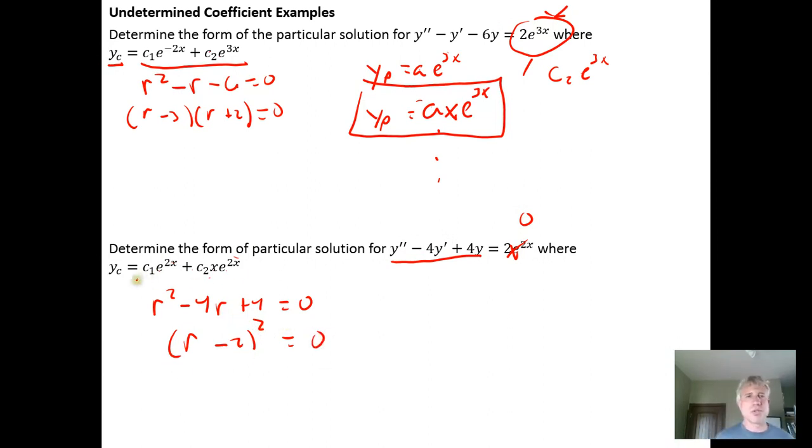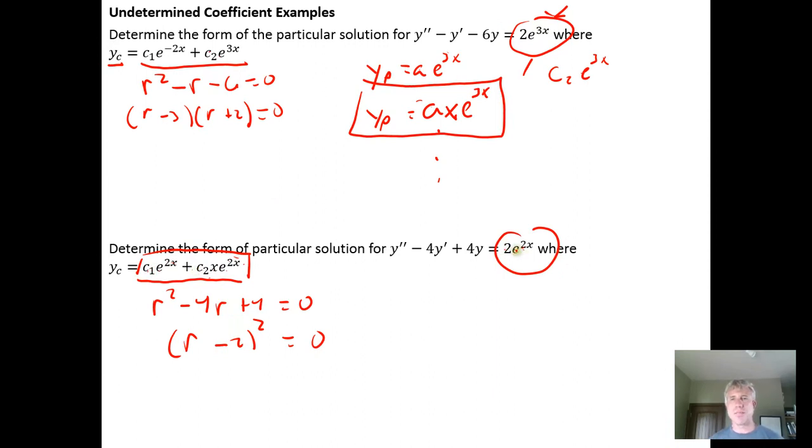And so the solution when we have a repeated root is that we get c sub 1 e to the repeated root times x plus c sub 2 x times e to the repeated root times x. So this is case number 2 from our solution process for homogeneous differential equations that we looked at in the previous homework assignment.